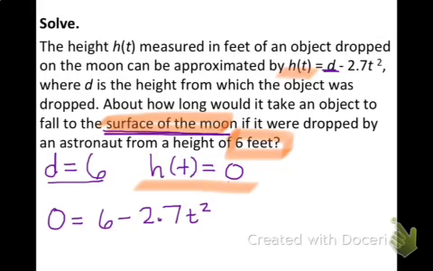Okay, so now we only have one unknown, which is good. So now we're actually going to use square roots. You could use the quadratic formula if you wanted to, but it would probably be a little bit easier to just use square roots. So what I'm going to do is add 2.7 t squared to both sides.